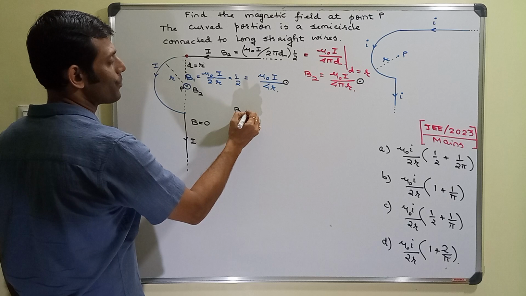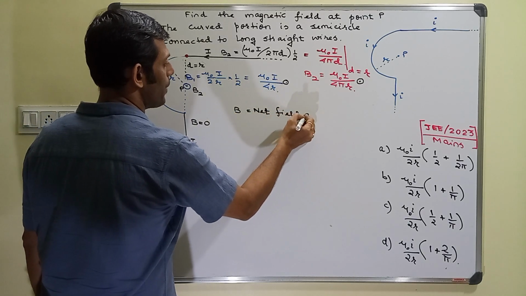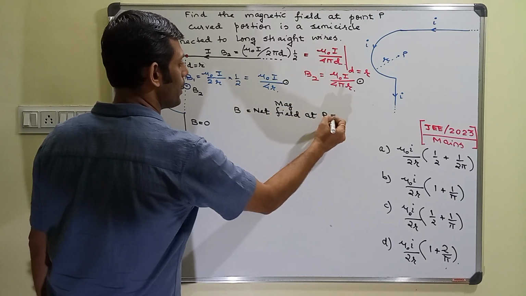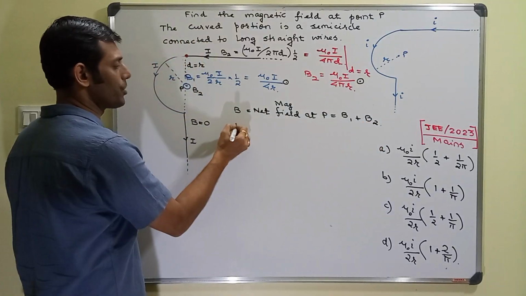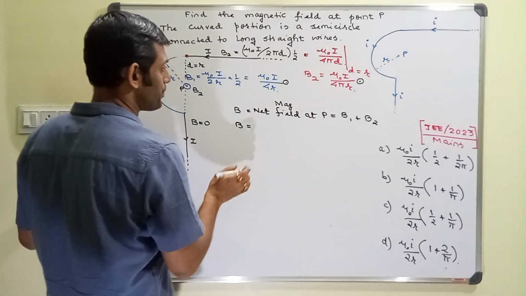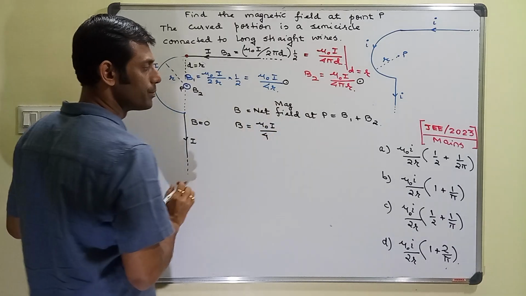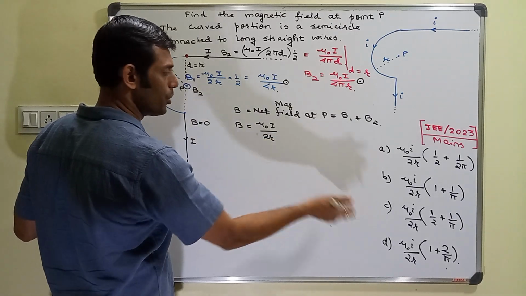the net magnetic field at point P is an addition of B1 and B2. They are in the same direction, and therefore B is equal to mu naught I by 4r, or let's say by 2R as taken common in the solutions.